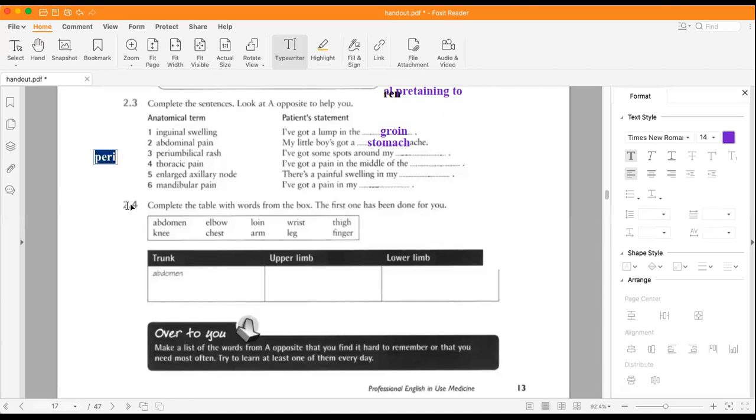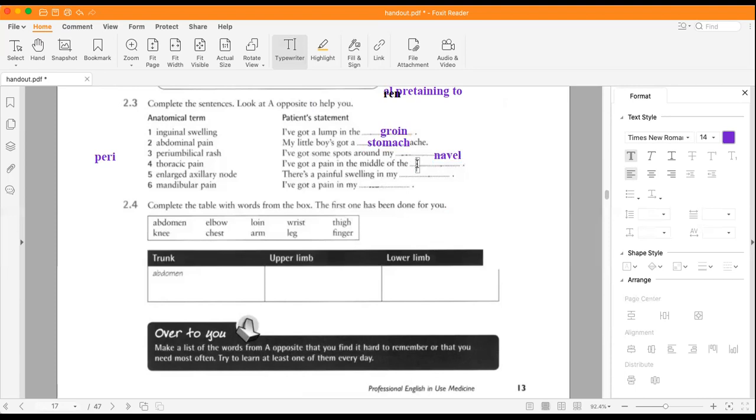Here, umbilical is the adjective from umbilicus, all right? So, around the umbilicus rash. Umbilicus refers to the navel. So here, "I've got spots around my navel."